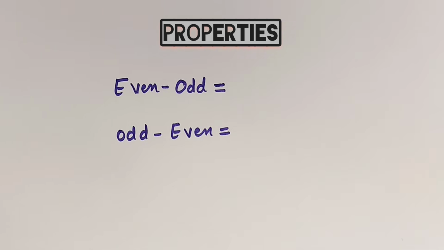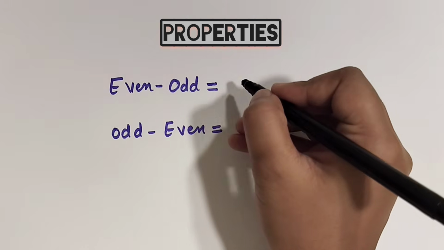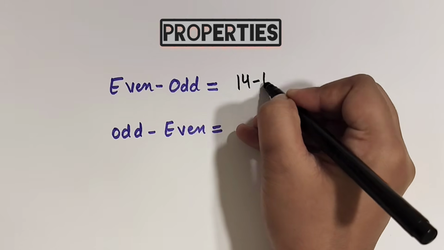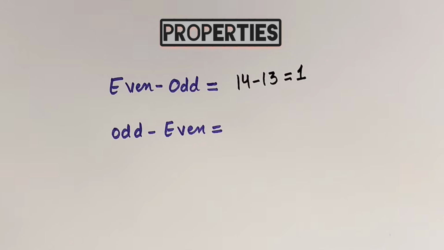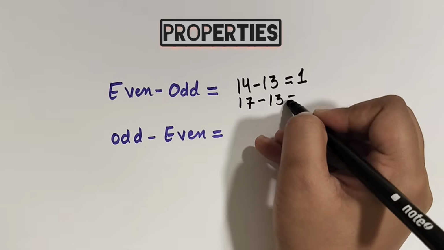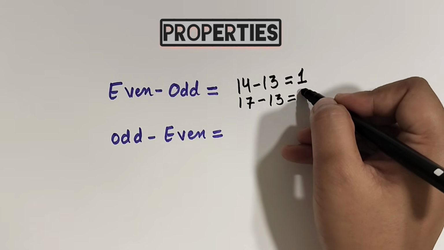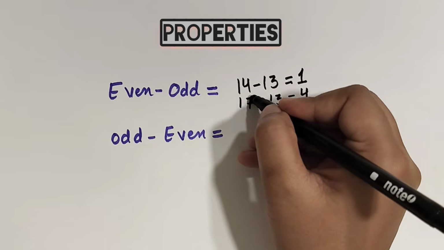Now let's see what happens when we subtract odd number from an even number. So 14 minus 13 is equal to 1. 17 minus 13 is equal to 4. Oh, that's my mistake. It should be even here.